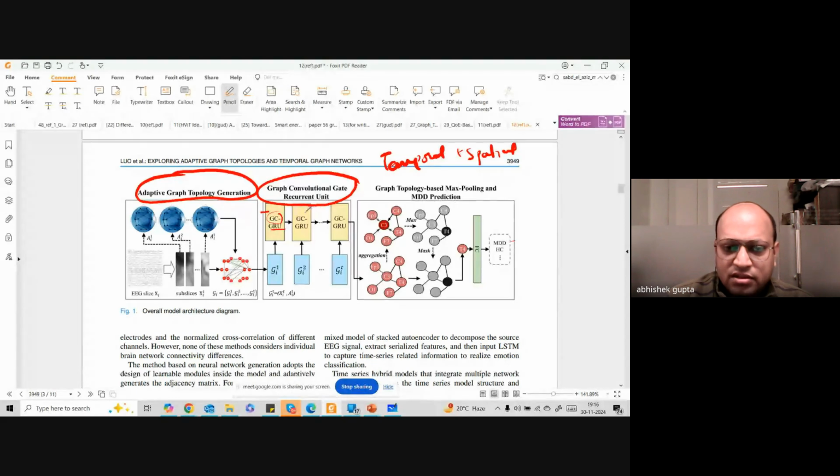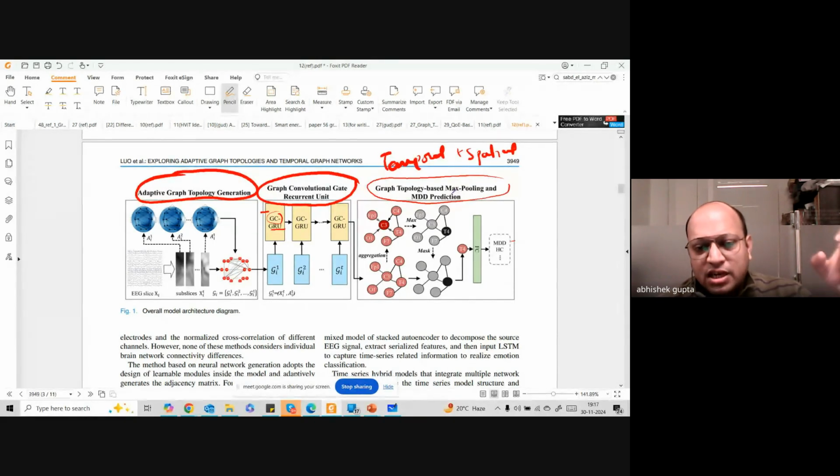So once they extract the features from GCN and GRU, after aggregation of those features, they are moving towards the third and final module, which is graph topology based max pooling and MDD prediction. What they are actually doing in graph topology based max pooling is selecting the relevant features and bypassing the non-relevant features with the help of a max pooling layer, and finally using the fully connected layer as the classifier.